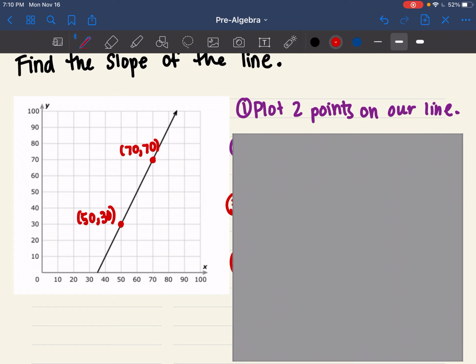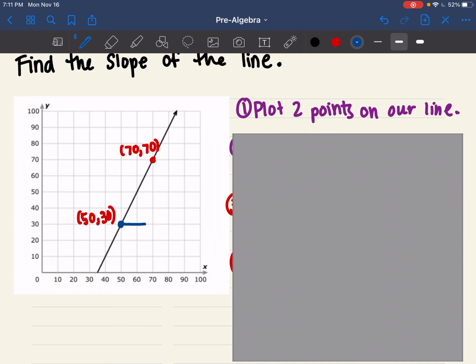Now here's where our negatives and our positives come in. What I like to think about, I'm going to pick one of my points to start at. I'm going to make this point right here, the bottom point, my point that I start at. And I think about, how can I translate that bottom point so I make it to 70, 70? I'm going to travel along my grid lines almost like they're streets.